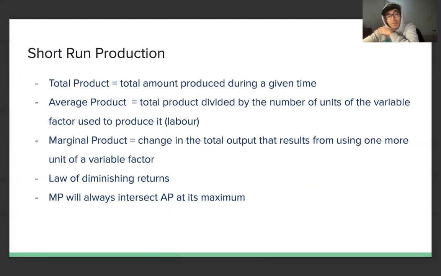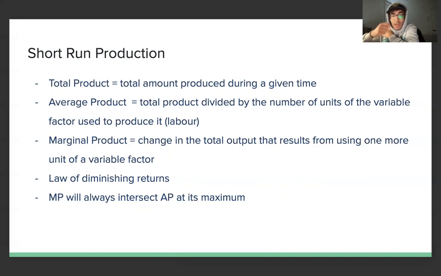And then the law of diminishing returns. We'll see that when we look at the graph. It's basically saying that as we increase the number of variable factors more and more in production, each factor's marginal contribution keeps on going down. Let's say you have a factory and you have 100 employees working there.